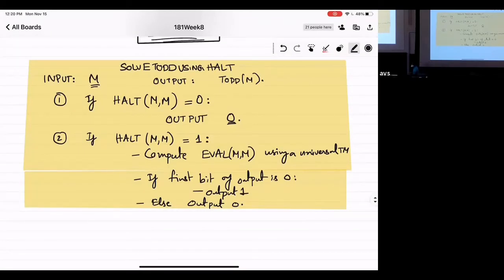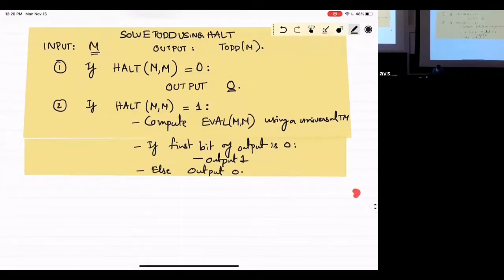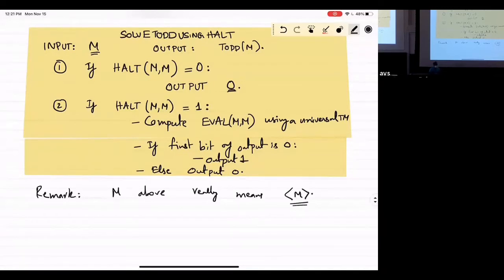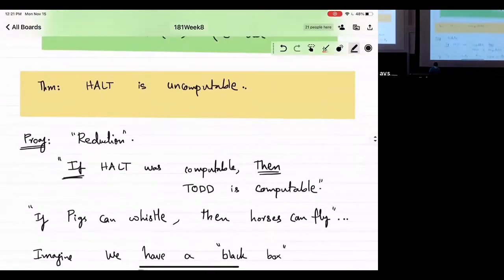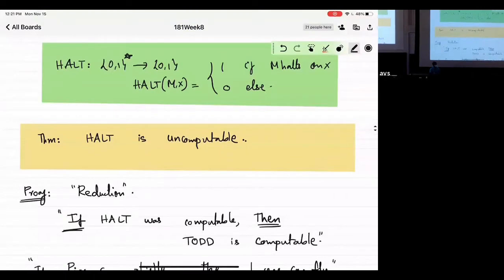Shouldn't the arguments to halt be M comma the bit string of M? Yeah, that is true. The M above really means the binary description of M, because the way we define halt, it takes binary strings as input.